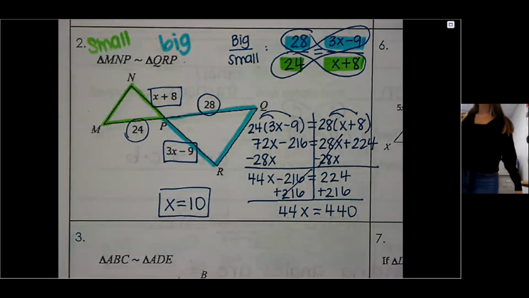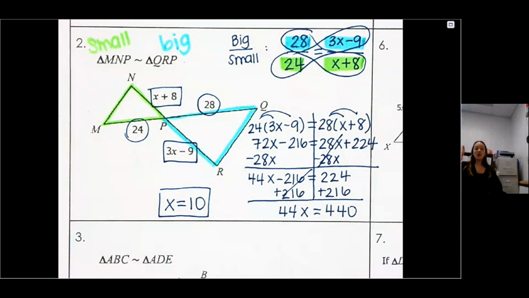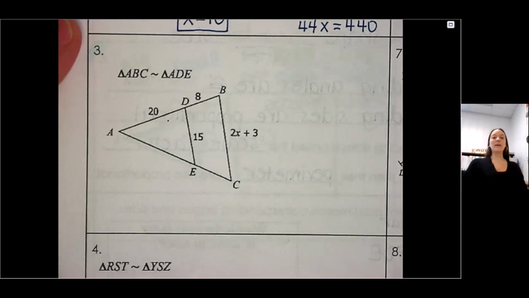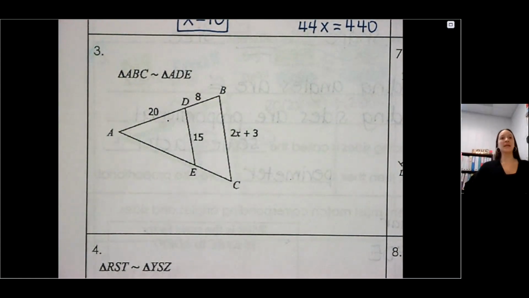Okay, I'm gonna set up number 3 with you, and then you're on your own for the rest. Once I set up number 3, you'll know how to set up number 7. So this problem, I know it looks funky, but in number 3, you've got 2 triangles that are laying on top of each other.